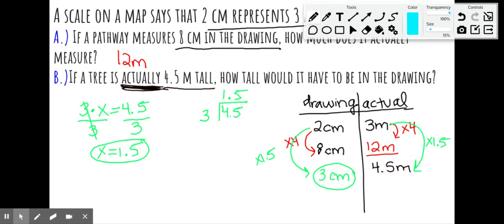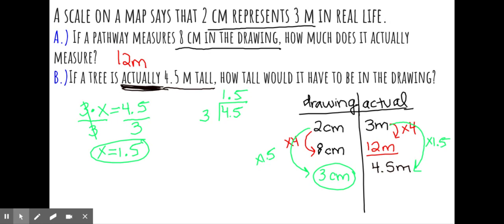Okay, so we talked about 2 different ways to solve this problem. That was one way, right? The second way is finding out your rule. How do you get from drawing to actual? So 2 times what gives me 3? 2 times what is equal to 3? Same thing as before, divide both sides by 2 this time.